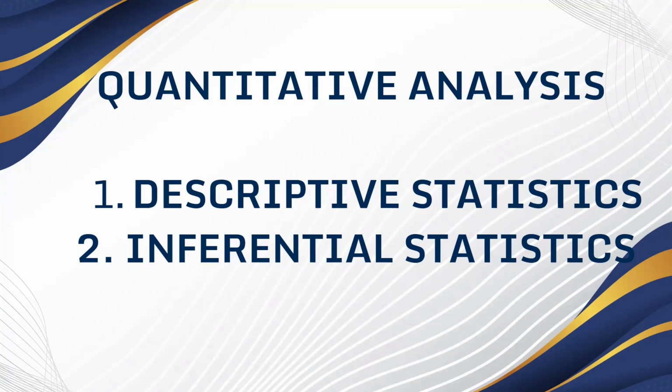Some examples of inferential statistics include things like doing a t-test. A t-test is so commonly done that many times we don't use it the way it's supposed to be used, or we misuse or sometimes misinterpret it.